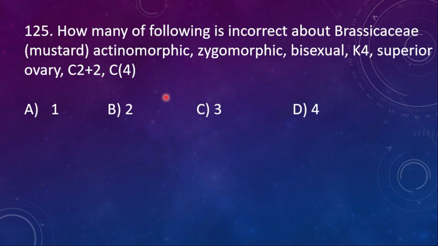So here only 4 are right and 4 are wrong. It is actinomorphic, bisexual, with superior ovary and C 2 plus 2. It is not zygomorphic, and K4 and C4 in brackets is wrong.